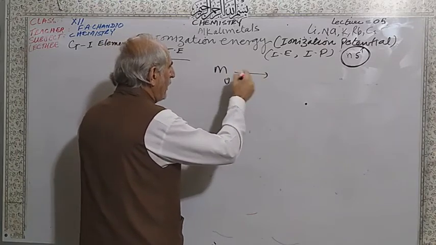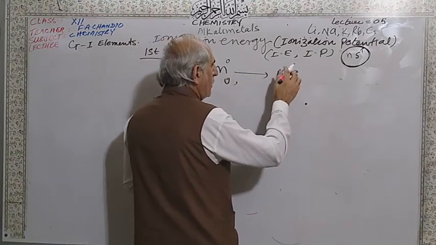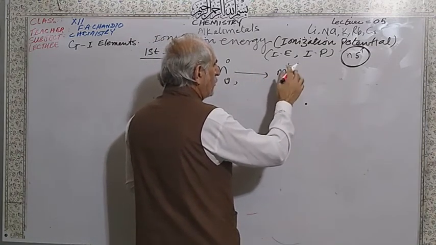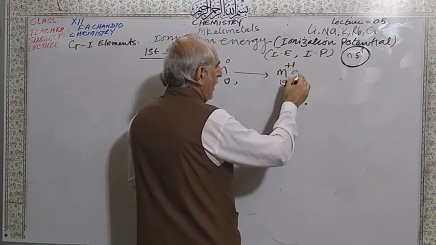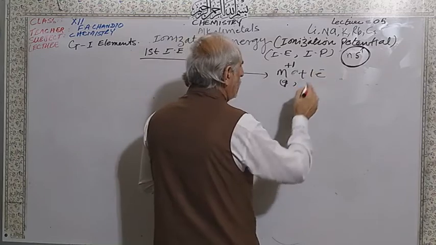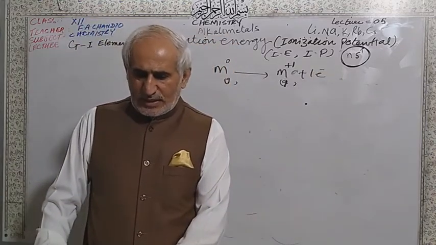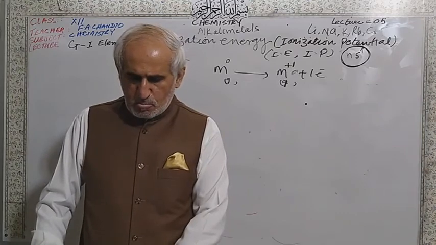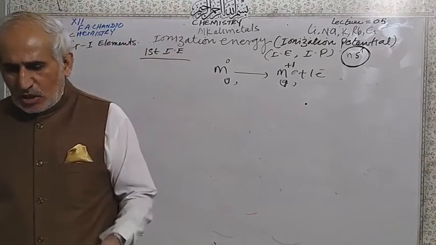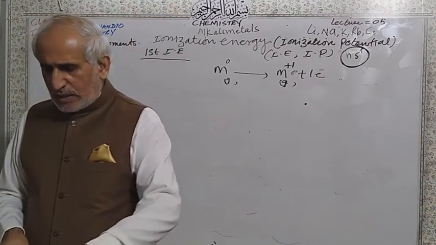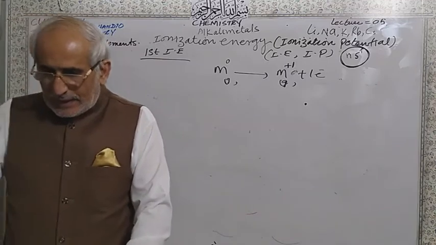So in the general electron configuration ns1, one electron is present. As I told you, ionization energy decreases as we go down the group because the number of shells increases: 2 shells, 3 shells, 4 shells, 5 shells, 6 shells. That is why if I remove the electron from lithium to cesium, we need less energy.